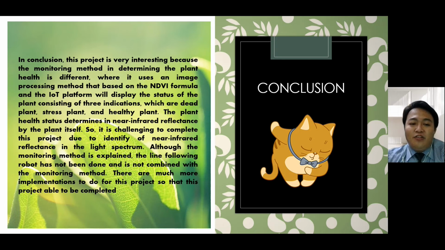The plant health status is determined by the near infrared reflectance of the plant itself. So it's challenging to complete this project due to identifying near infrared reflectance in the light spectrum. Although the monitoring method is explained, the line following robot has not been done, and it is not combined with the monitoring method. There is much more implementation to do for this project so that it can be completed.